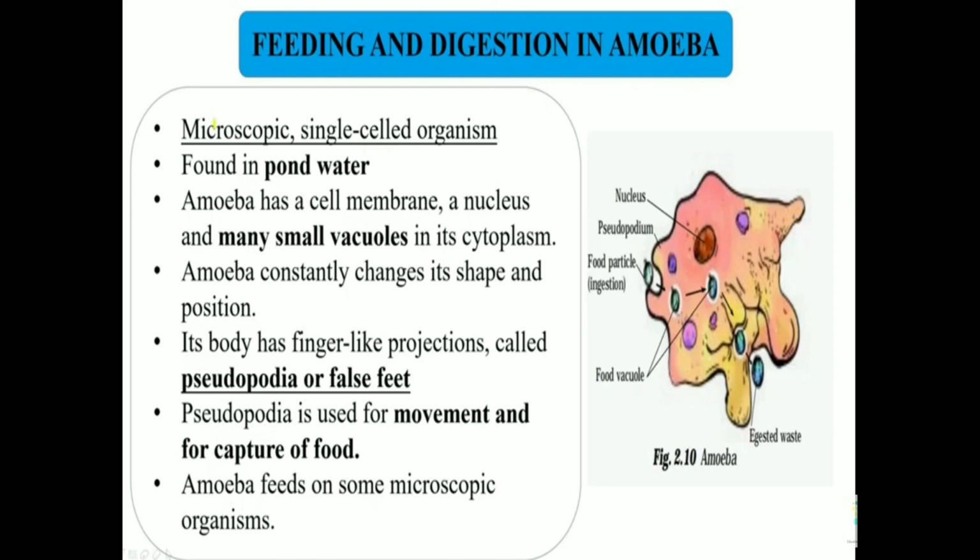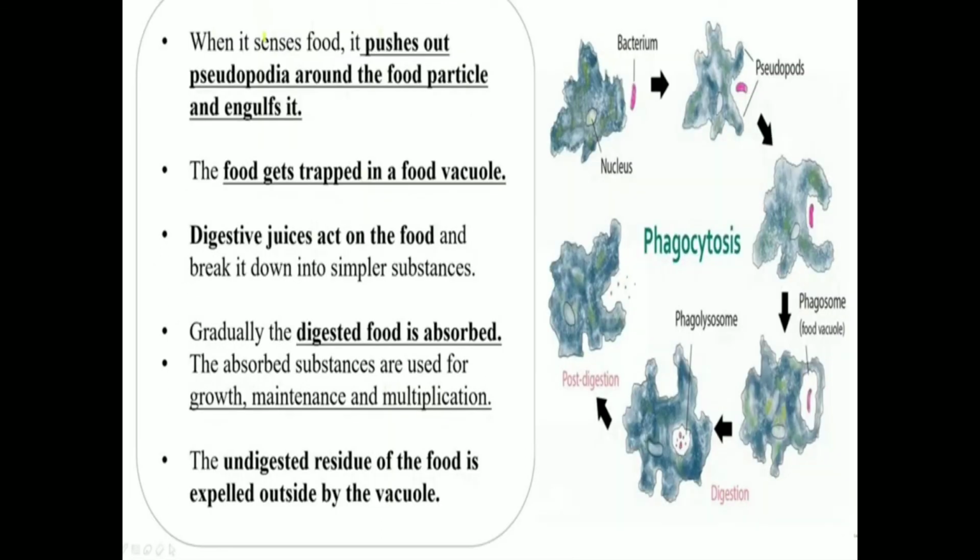When amoeba senses food, it pushes out the pseudopodia around the food particle and engulfs it, like the food gets trapped in the food vacuole.